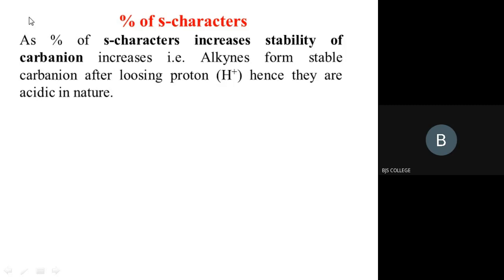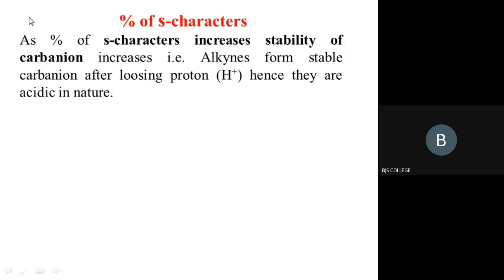The percentage of s character is maximum for alkynes, it is in between for alkenes, and alkanes have the least. So you'll find that alkanes have 25% s character, alkenes have 33.33% s character, whereas alkynes have 50% s character.